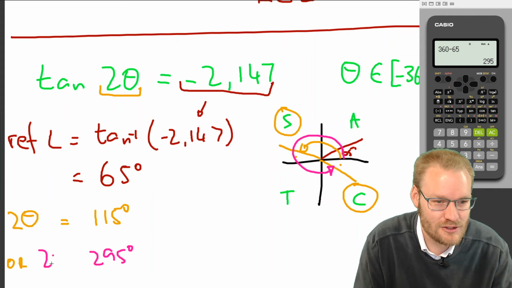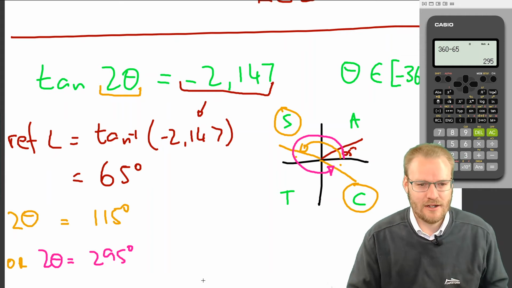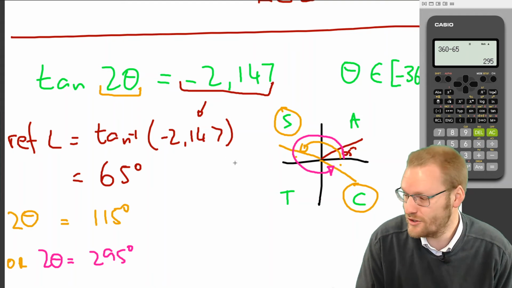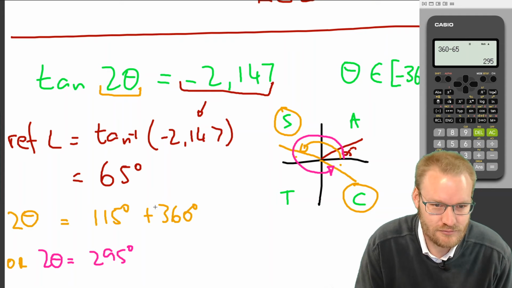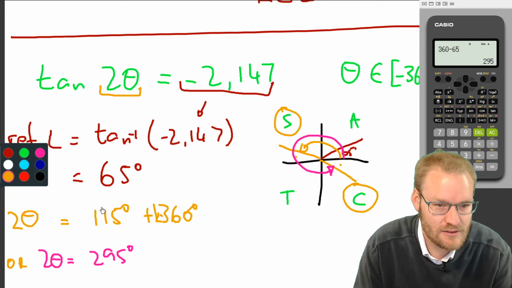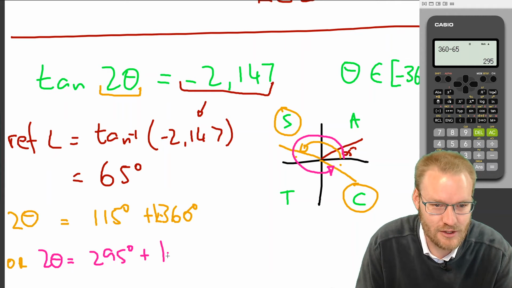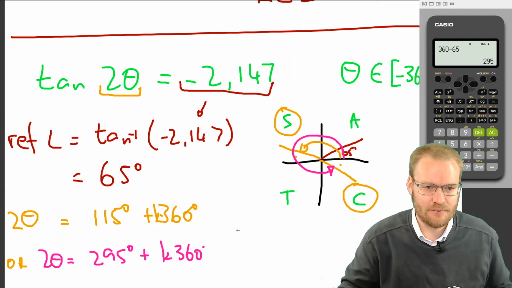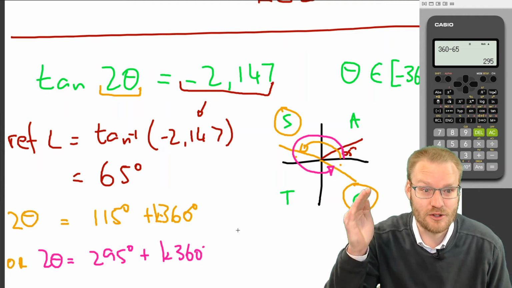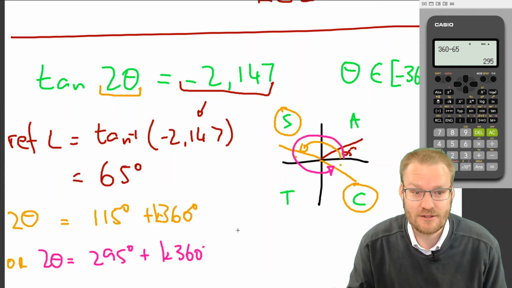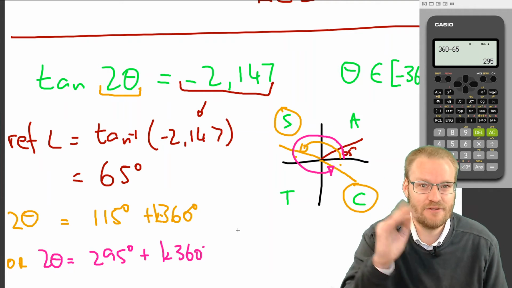Here, 2 theta. Okay, now to turn this into a general solution, well, we know what to do. We just add 360k, k times 360, because we know that this repeats every 360. As I said in one of the previous videos, you might see your friends doing this with plus 180, because the tan graph repeats every 180.